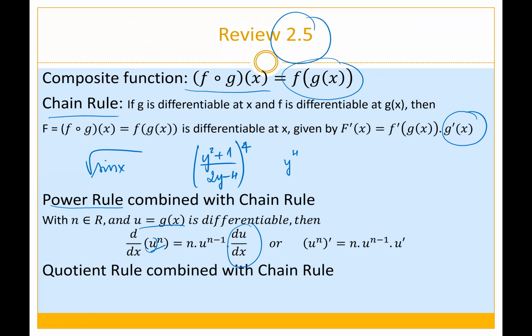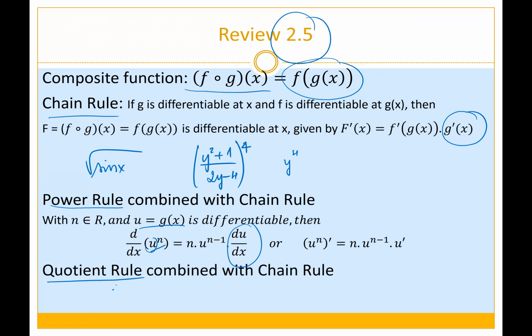I think you have seen that in the lecture notes and will also see it in the examples. Our examples only cover some of the main points, the special types of exercises you must know in order to say you understand the main points of these sections. Then we also have the quotient rule combined with the chain rule.